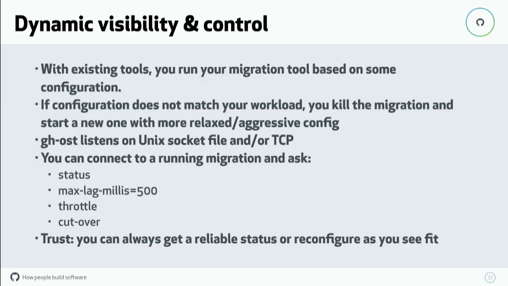Maybe some of those are daytime thresholds, and maybe some are off-peak hours thresholds, but you get through the daytime and then your migration's still using those earlier thresholds and isn't going as aggressively as it could be.